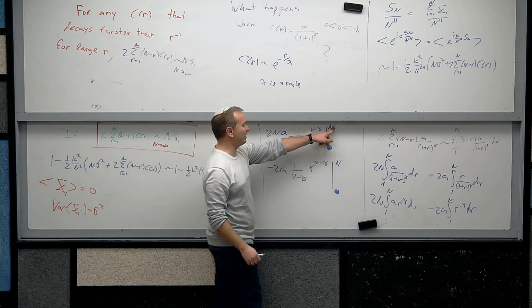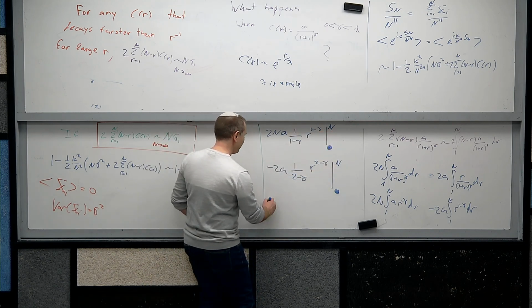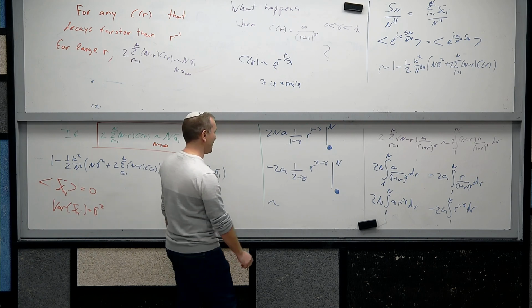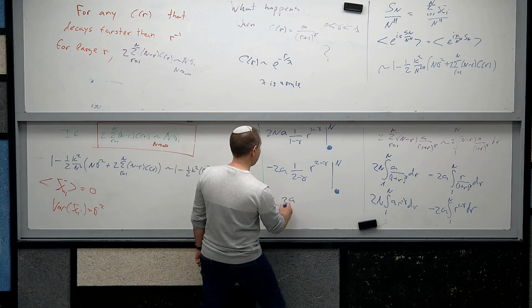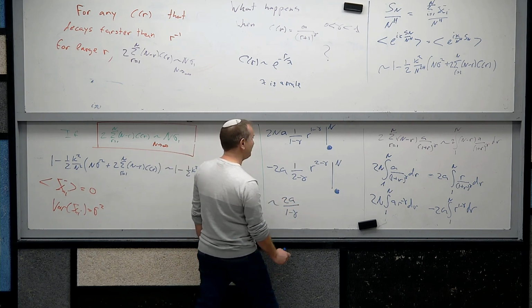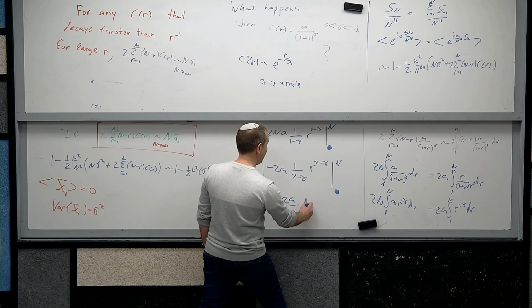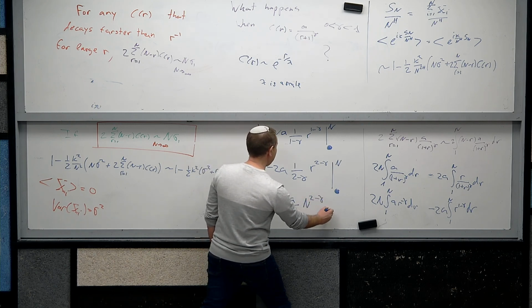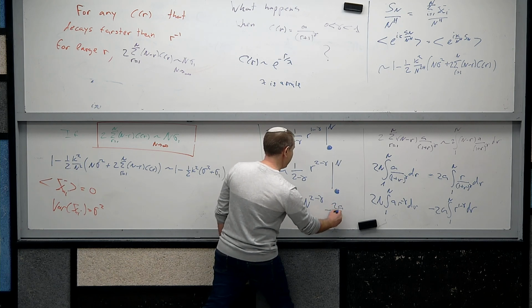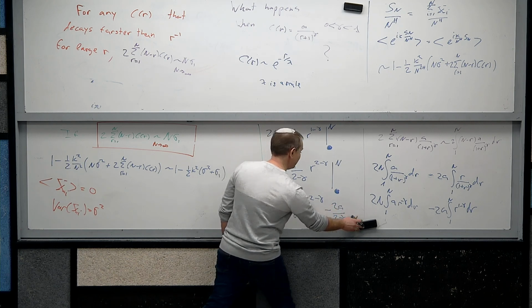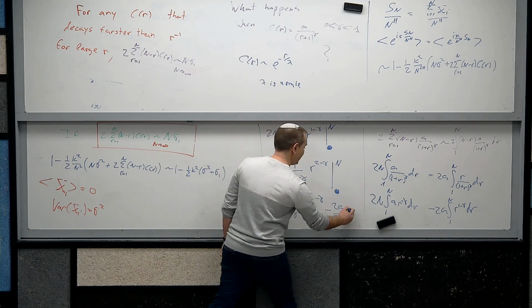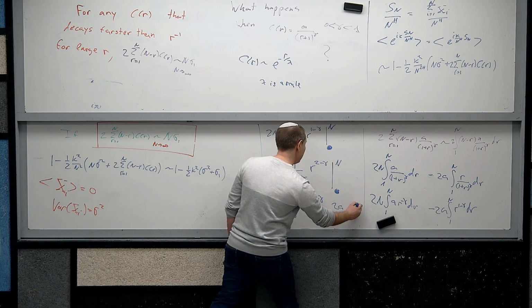I substitute the upper limits, and I obtain that all of this goes as 2a divided by 1 minus gamma multiplied by n to the power of 2 minus gamma, minus 2a divided by 2 minus gamma multiplied by n to the power of 2 minus gamma.